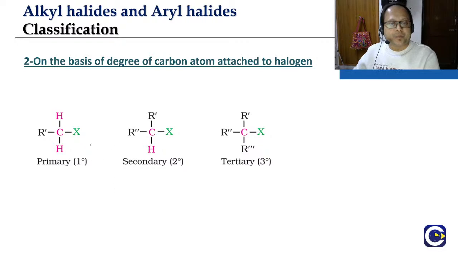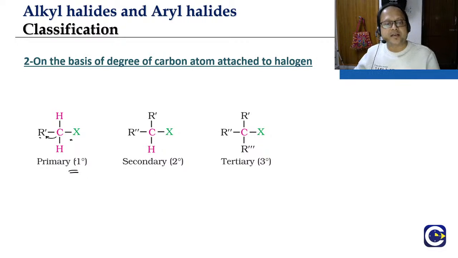So what is the logic here? Any carbon to which the halogen is attached, if it is attached with only one carbon, and it does not matter how many carbons the other carbon is attached with, but this carbon is attached with only one carbon, then it belongs to the class of primary.